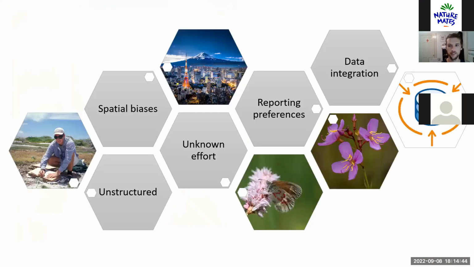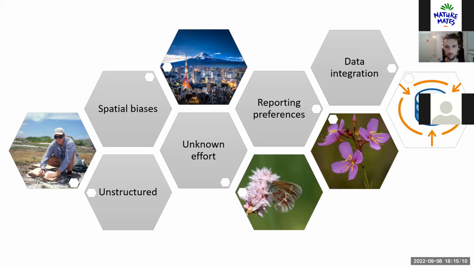For example, these data are unstructured, meaning that these data were not collected using rigorous protocols designed to meet well-defined objectives. Sampling biases also abound, such as specimen data often being collected near cities or roads. And additionally, the effort put into collecting is hard for the data practitioner to tease out, and these efforts can change through time and space.